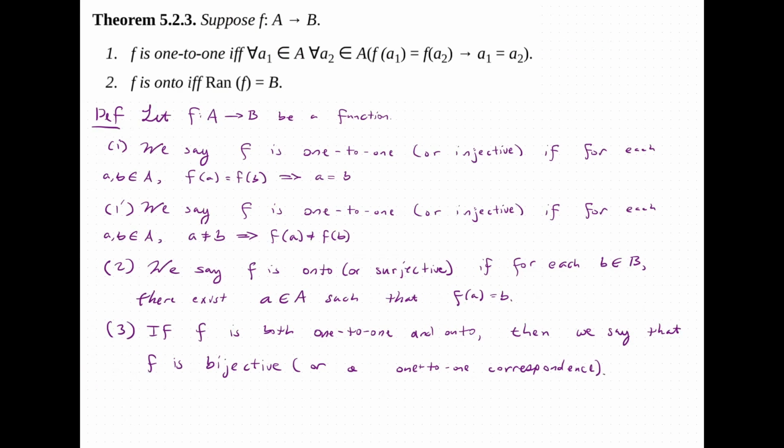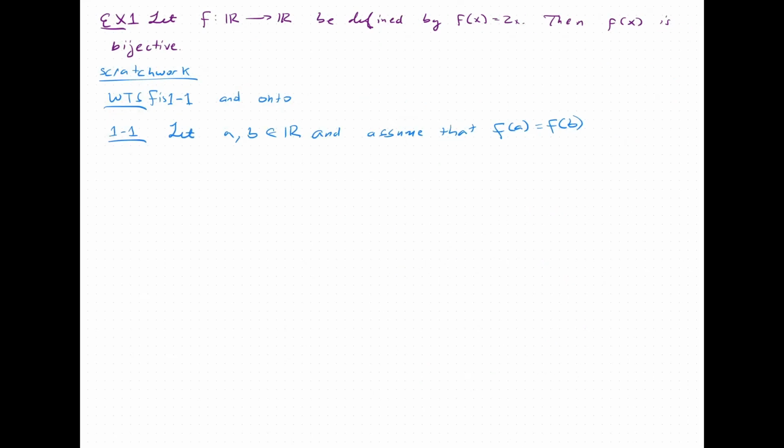And so now we have the premise of the conditional, and now what we want to show is that a is equal to b. But now, f of a equals f of b, that's equivalent by the definition that f of x is equal to 2x, to 2a is equal to 2b. And that's just applying the definition of f.